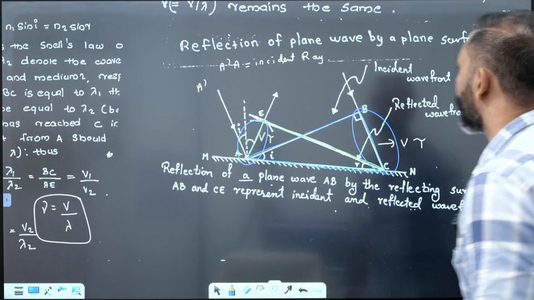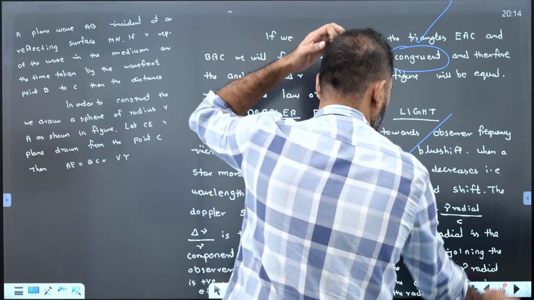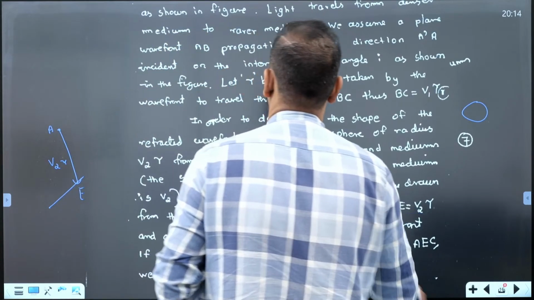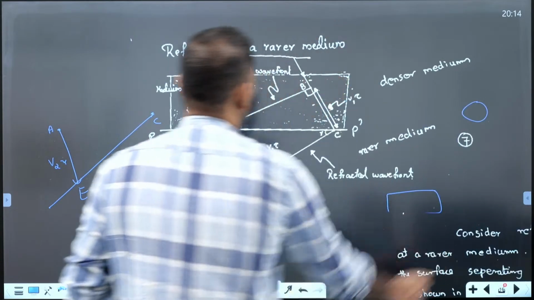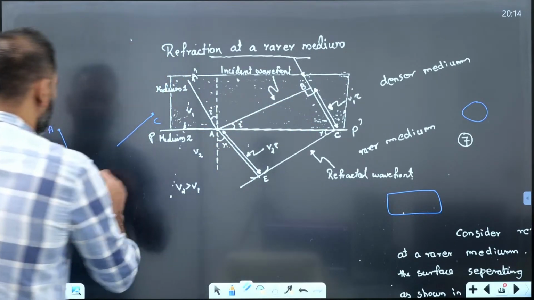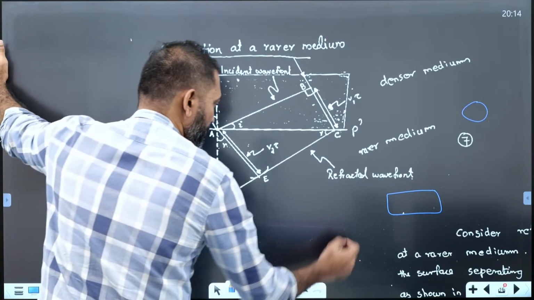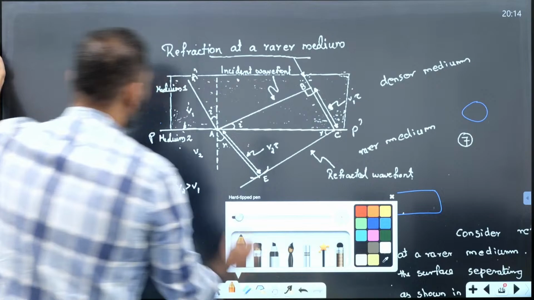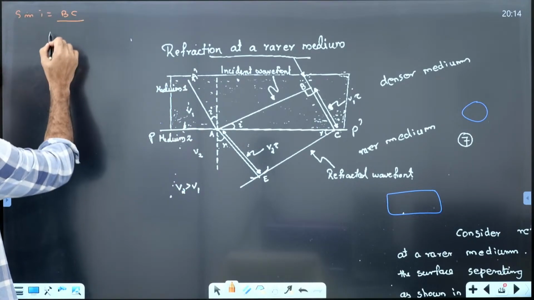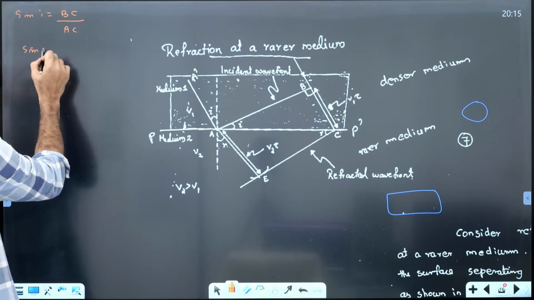Sin i is equal to BC by, better to write here. So in order to derive, sin i is equal to opposite side by hypotenuse. So BC by AC.